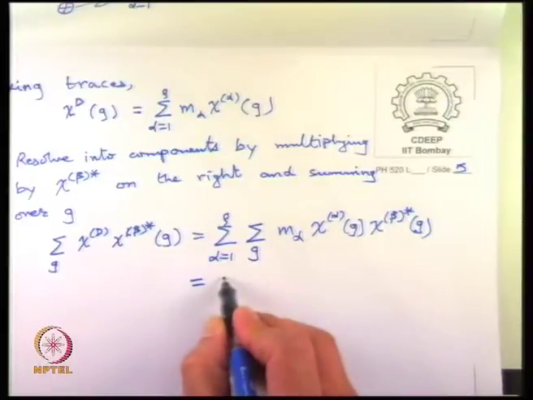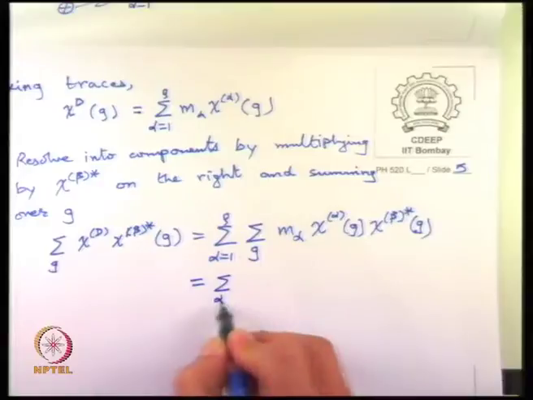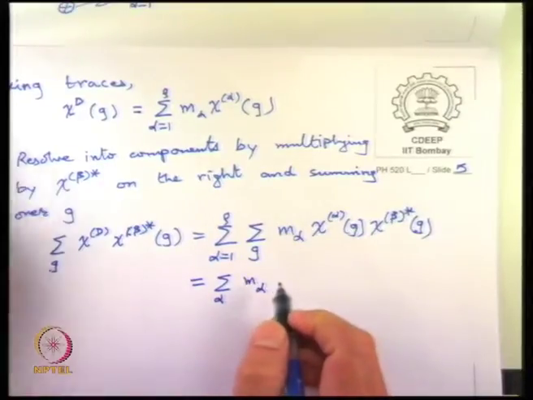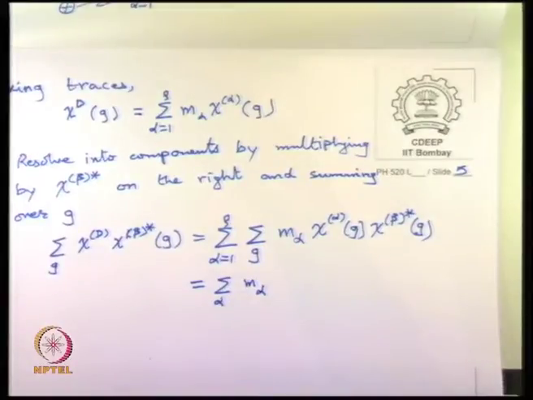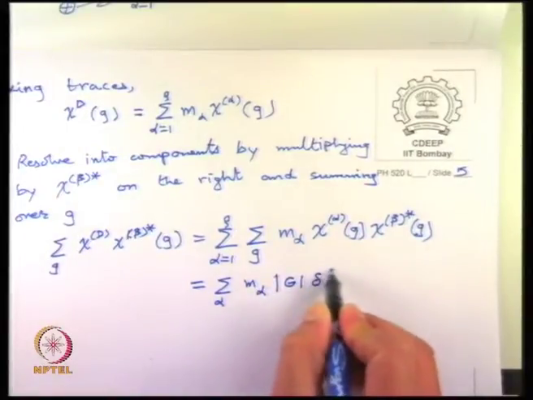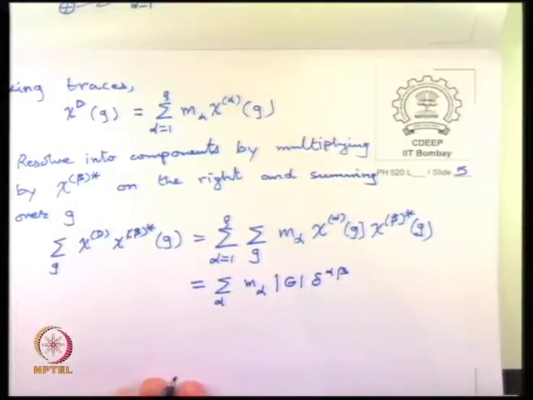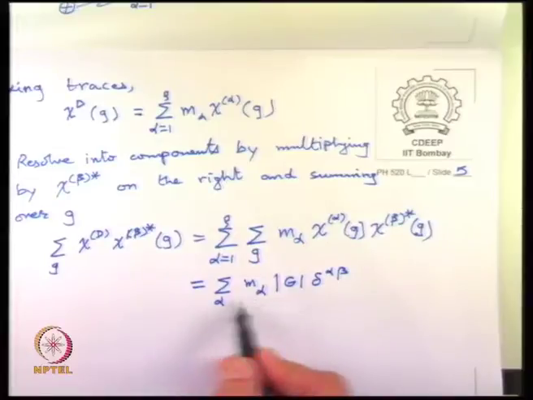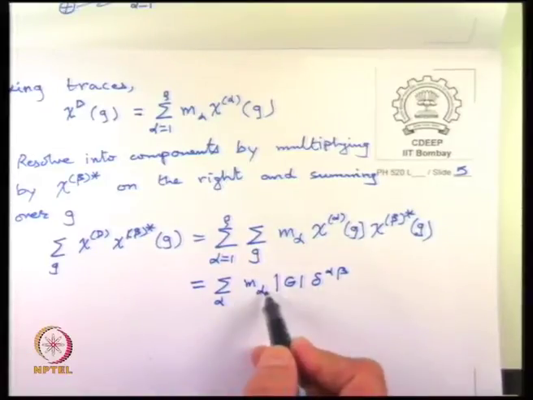So that produces order of G times delta alpha beta. So that basically collapses this summation over alpha to just being m beta.